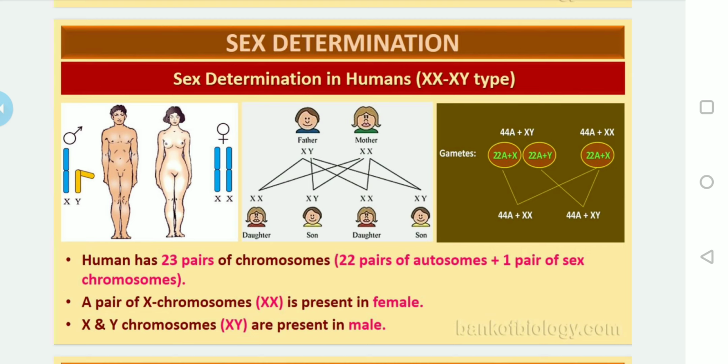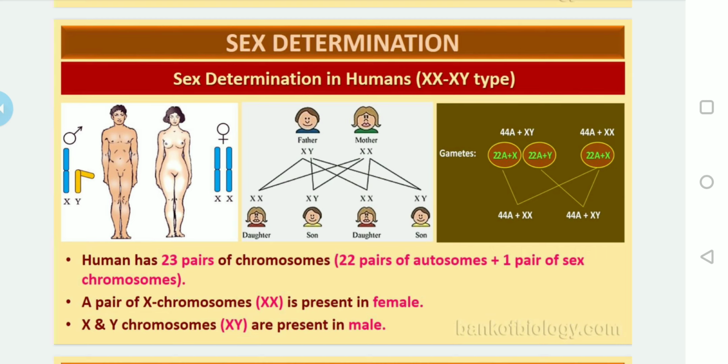These are autosomes. The remaining one pair is responsible for determination of the sex of the individual. They are sex chromosomes, or we can also say allosomes. It is mentioned clearly.